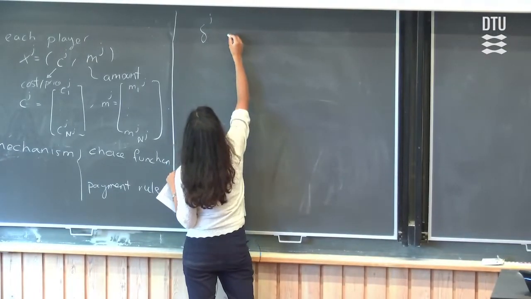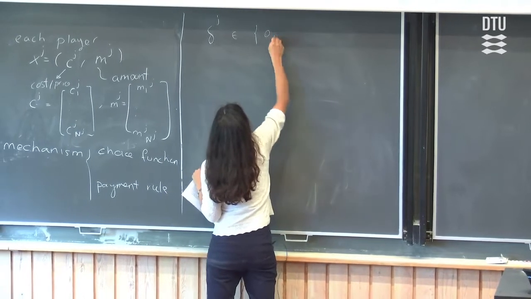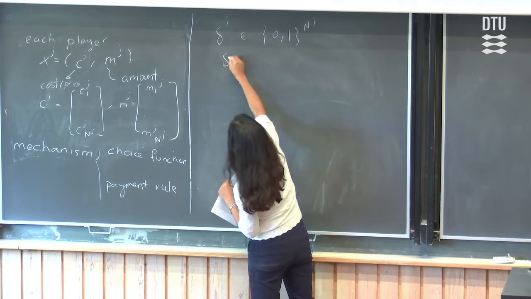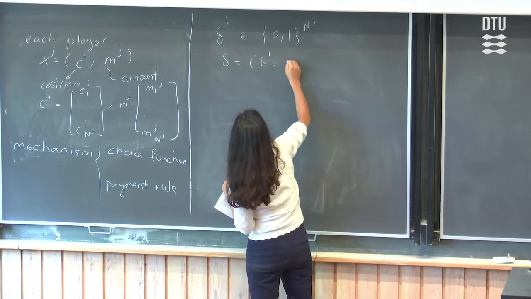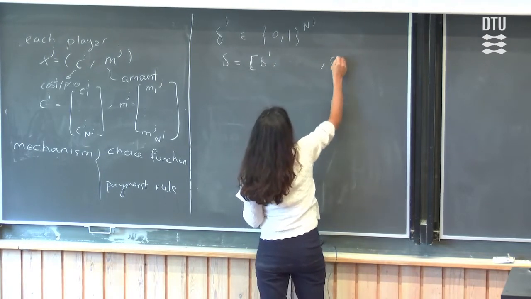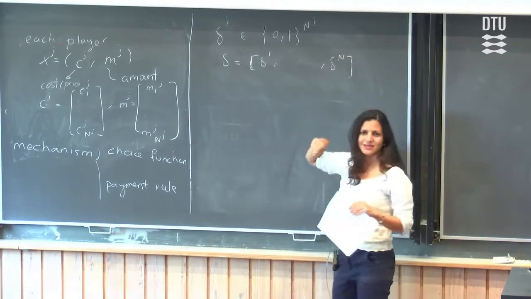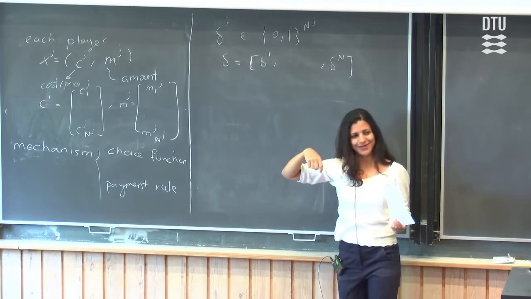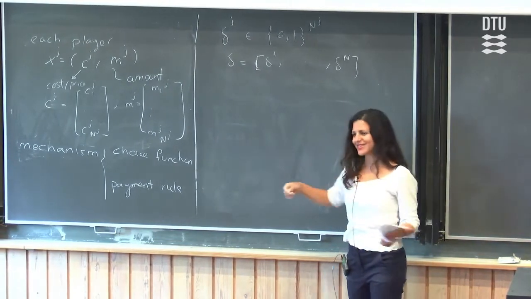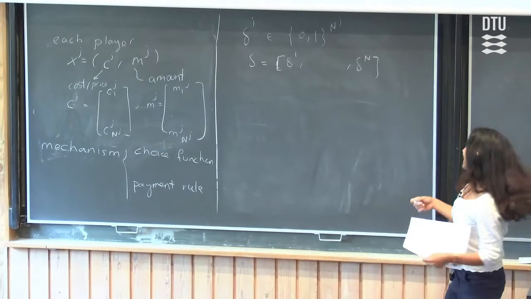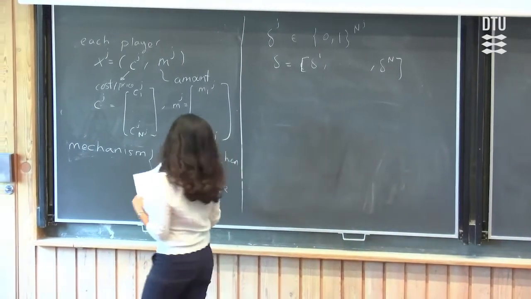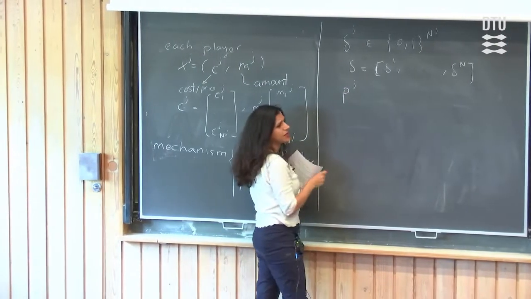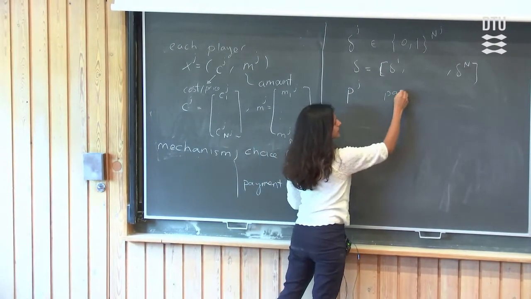So delta_j is in {0,1}^n_j, and if I stack them all together, I get delta_1 to delta_N. It just says which bid is accepted. If delta_ji is 1, it means the ith bid of player j is accepted. Then a payment rule: there is a payment that goes to each player, p_j, the payment to player j.